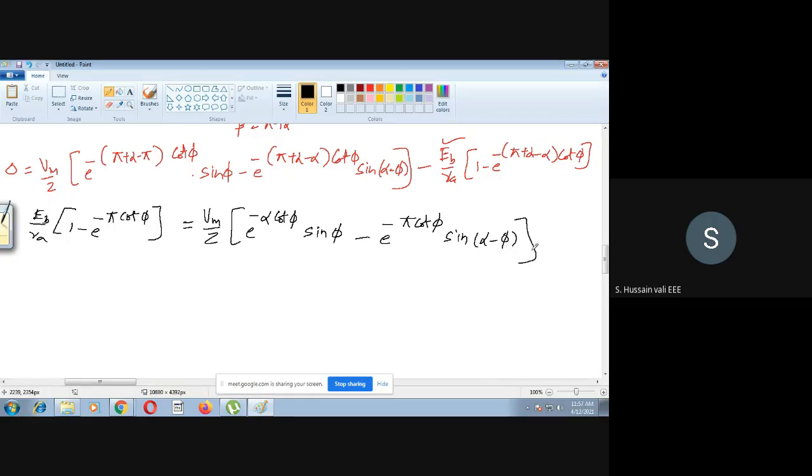Then we simplify this further. Then what is EB from this equation? EB is equal to, okay, we'll send this RA and everything towards the right hand side.